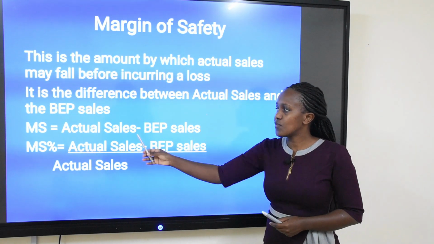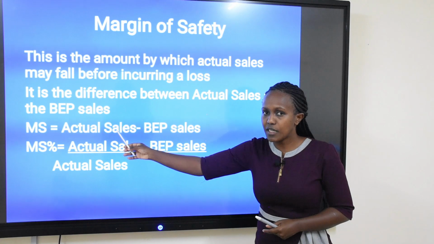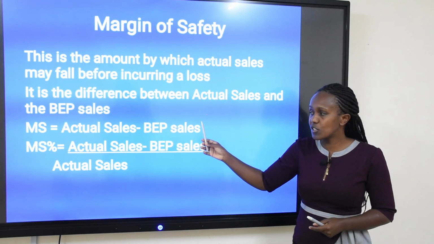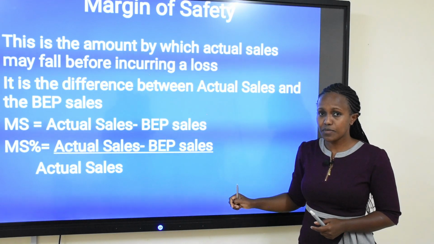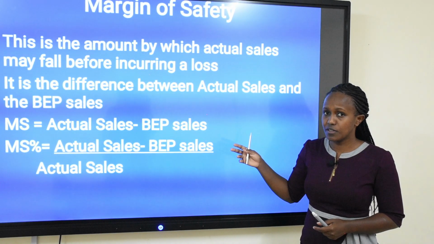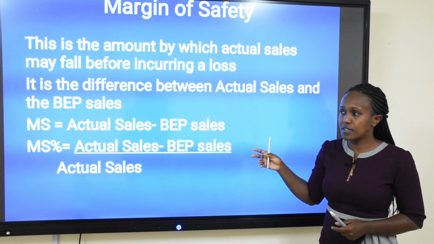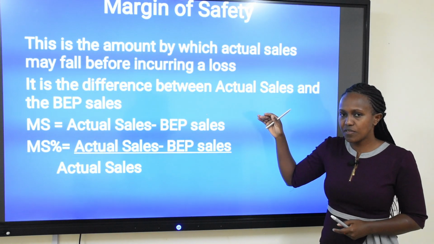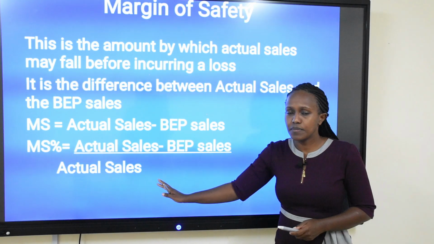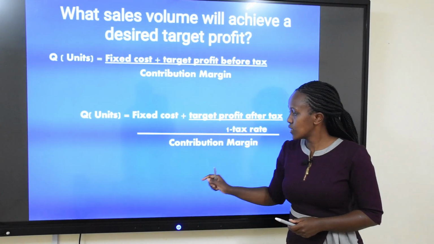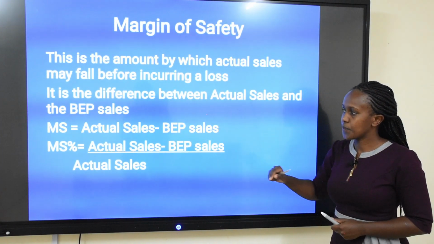What we are saying is that if actual sales maybe is 5,000, while your break-even point is 2,000, meaning there's a margin of safety of 3,000, that is a safe situation because you have a lot of units above the break-even sales. You can also get that in a form of a percentage by using this formula.